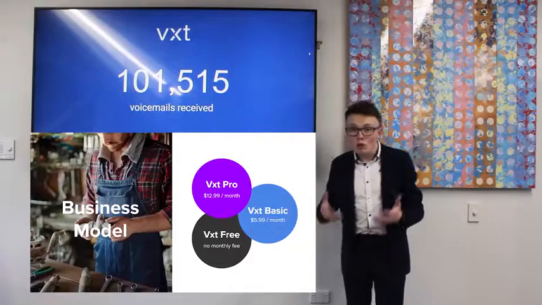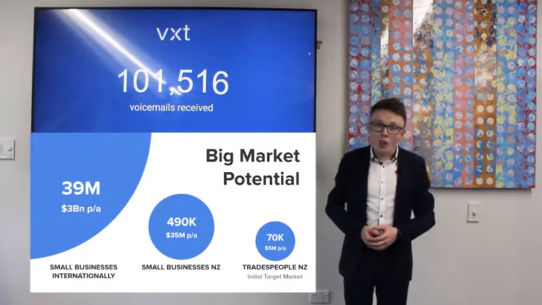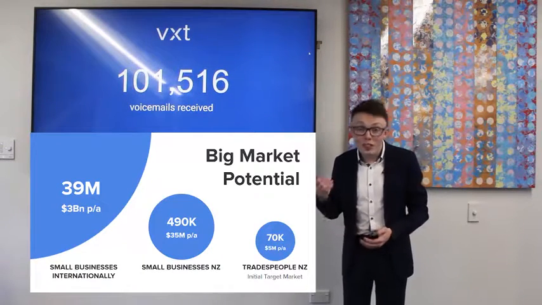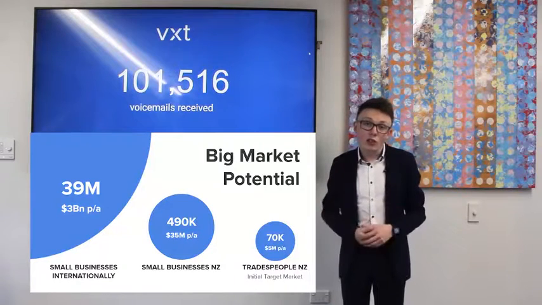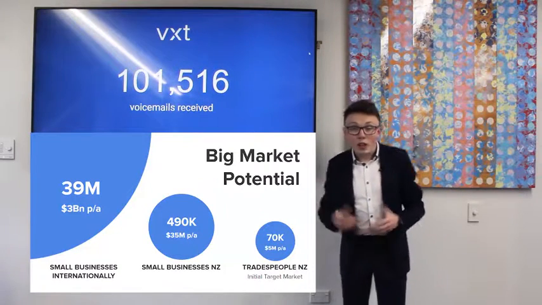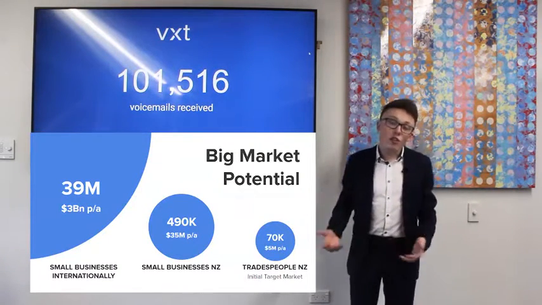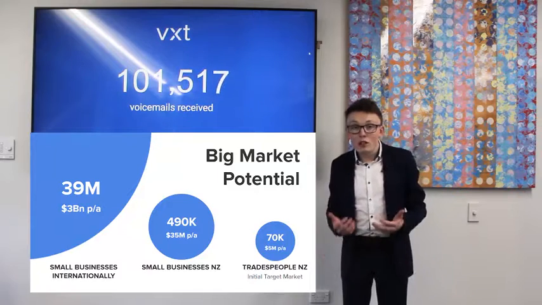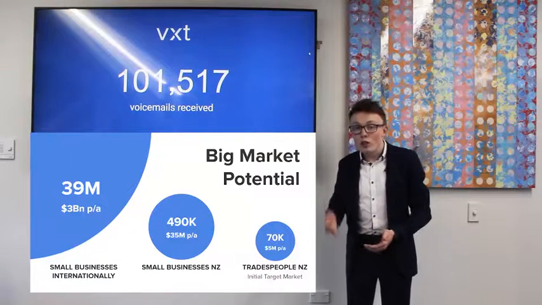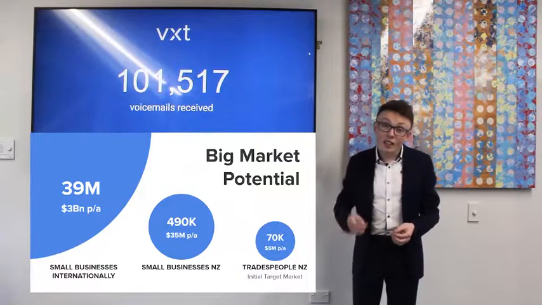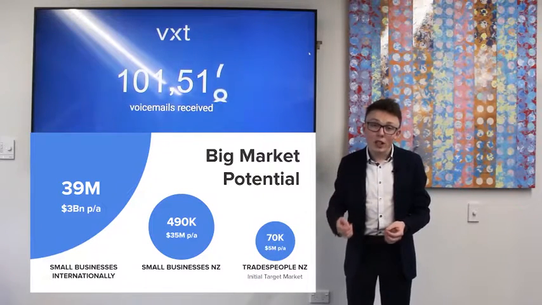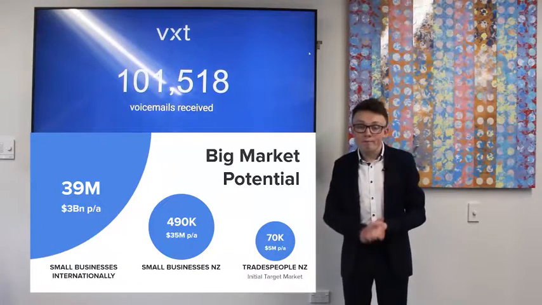And there's a huge market opportunity. Our initial target market have been the 70,000 small business owners who are tradespeople in New Zealand. While our competitors are focused on solutions for enterprise and the mass market, our focus on small business and defensible IP is allowing us to capitalize on a $3 billion global opportunity.